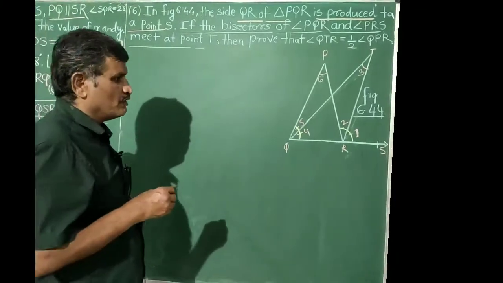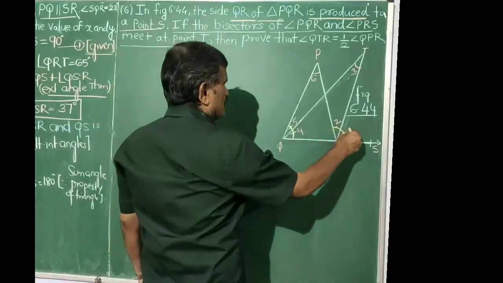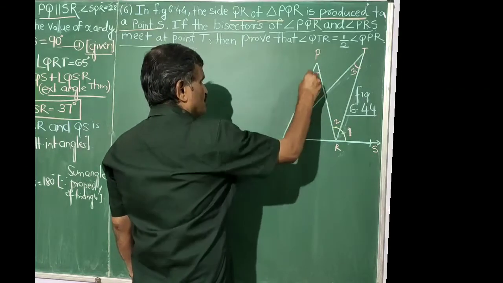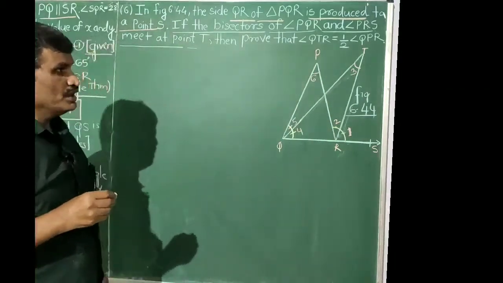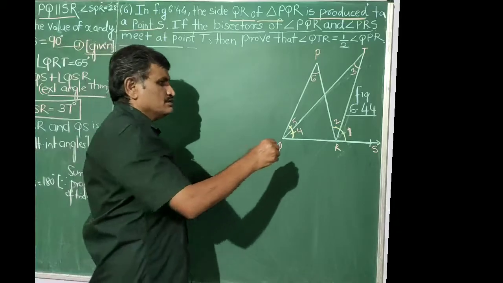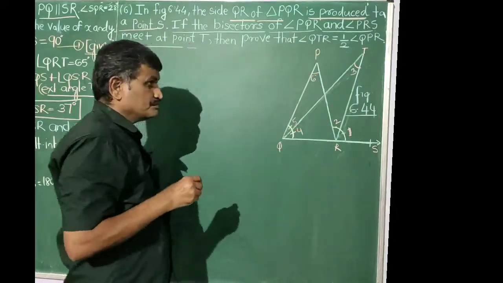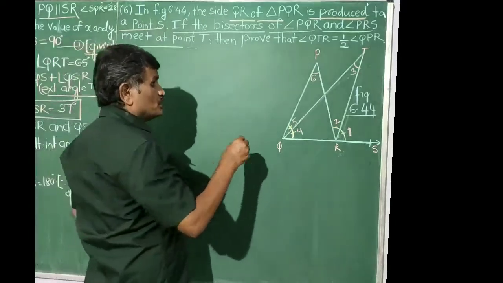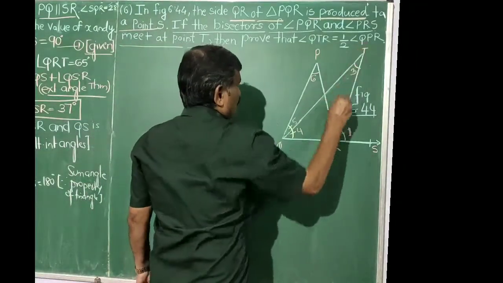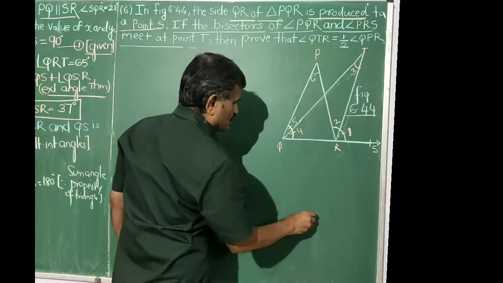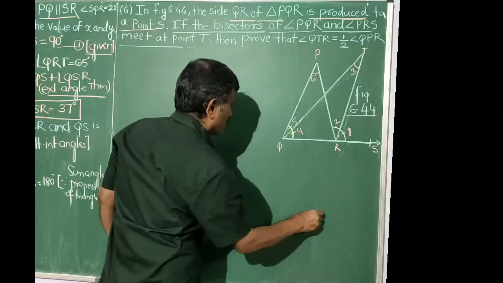The first thing that I would love to do is mark the angles as 1, 2, 3, 4, 5, 6. Now remember what I should prove? Angle QTR is equal to half angle QPR. That means what am I supposed to prove?